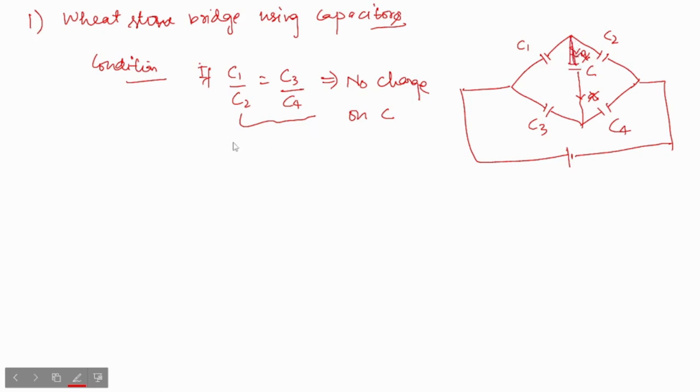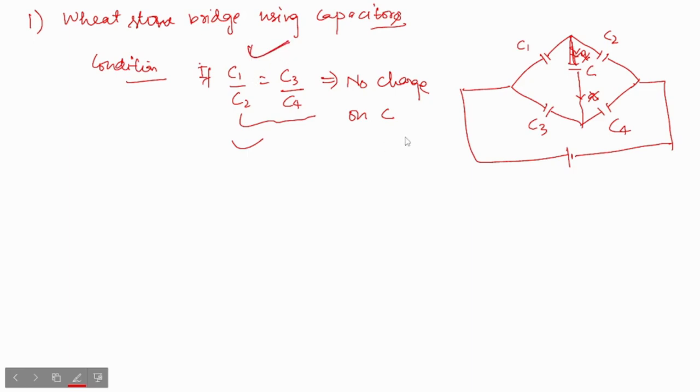This is the condition of Wheatstone bridge. You just accept it, right? Or if you connect a galvanometer here, then there will not be any deflection in the galvanometer if this condition is satisfied, right? This is a simple case of Wheatstone bridge.